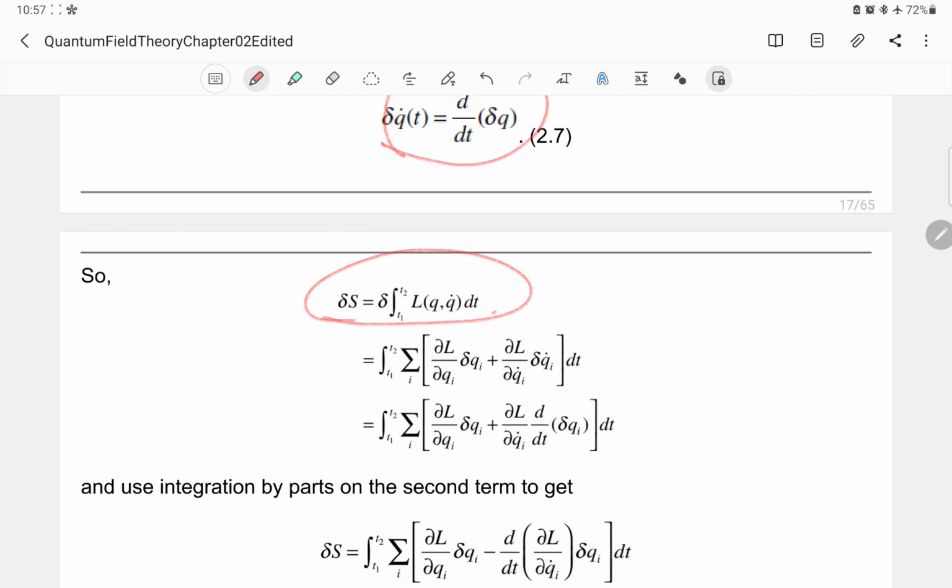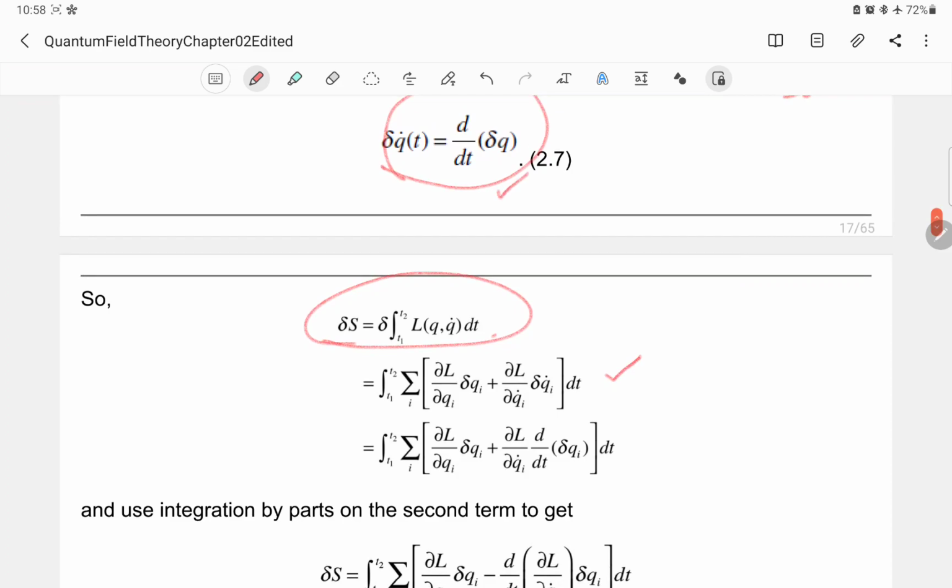So you will have to write L. This is a function of q_i and q_i dot, so it should look like this. The total differential of L, because it's a function of two variables. So anyway, this is as pointed out here. You can write this term as this one.